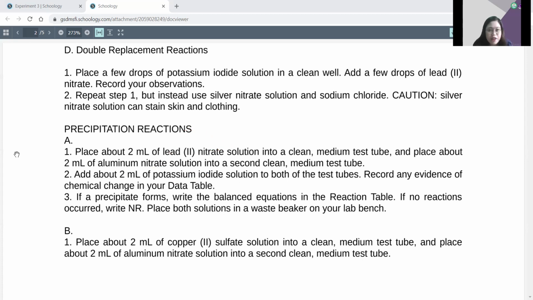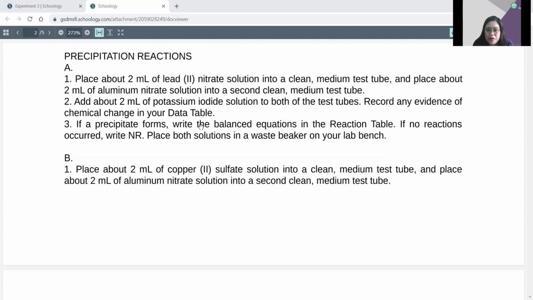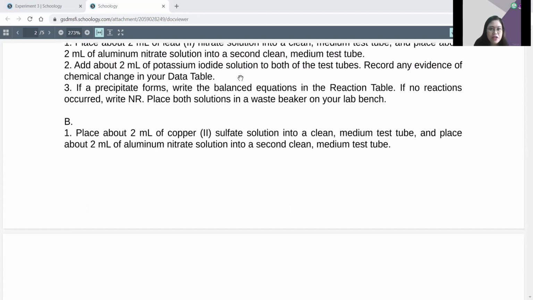You have to read this actually because, as far as I know, you also have to make a schematic diagram of this for you to be familiar with the procedures and how these reactions are done in the laboratory. Another example of a precipitation reaction is the reaction between copper 2 sulfate and aluminum nitrate also.